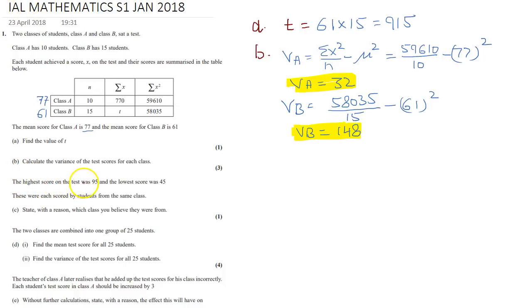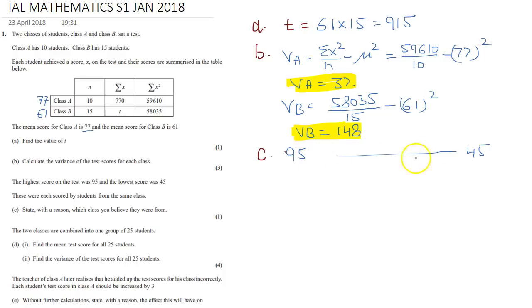This is part C. The highest score on the test was 95 and the lowest score was 45, and these were each scored by students from the same class.